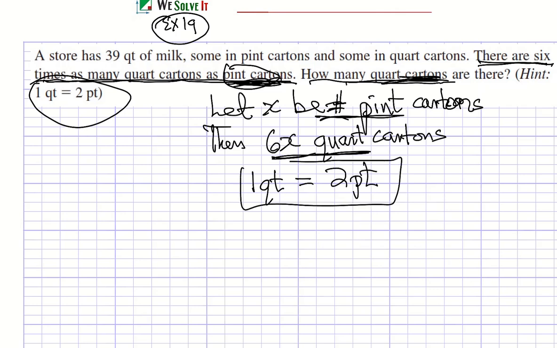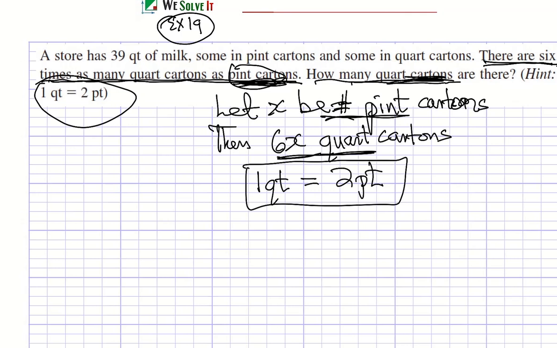That's the condition they gave us. Notice something. If 1 quart equals 2 pints, you can divide. I want to find what 1 pint represents. Based on that equation, 1 pint is the same thing as 1/2 quart.